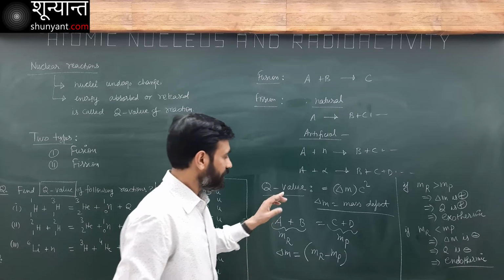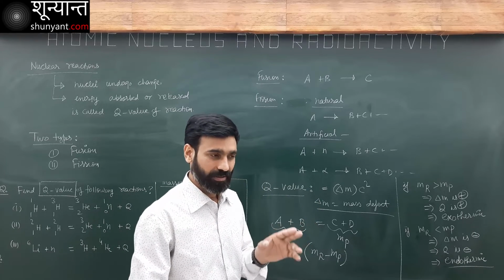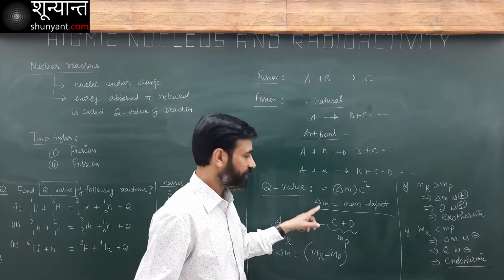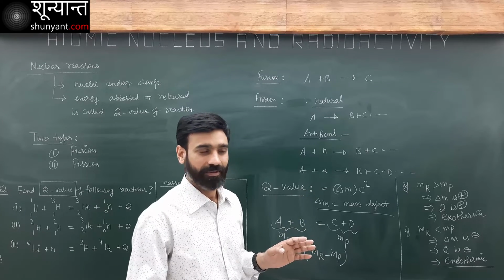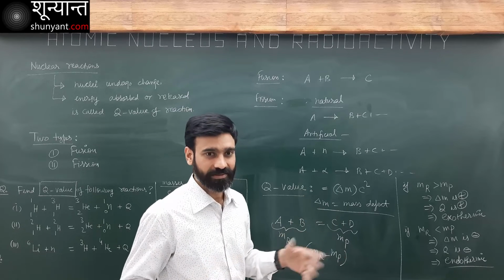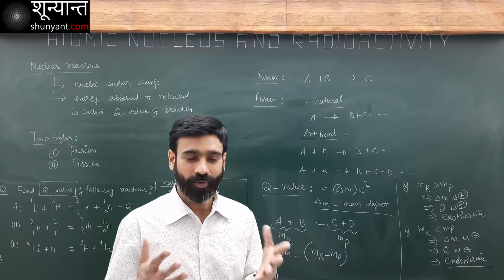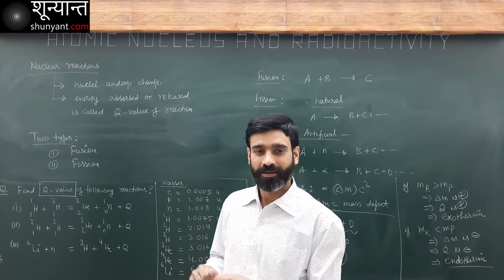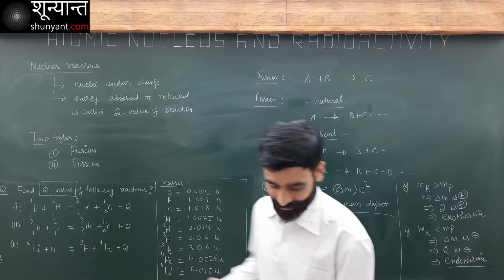Mass defect is the difference in masses of nuclei, but we can also make our calculation with the mass of atoms, because the number of electrons is the same on both sides, so they are balanced. So generally we are never really required to bother about it. Whatever data is given, we directly use it to get our answer. Okay, let's look at a few problems here.